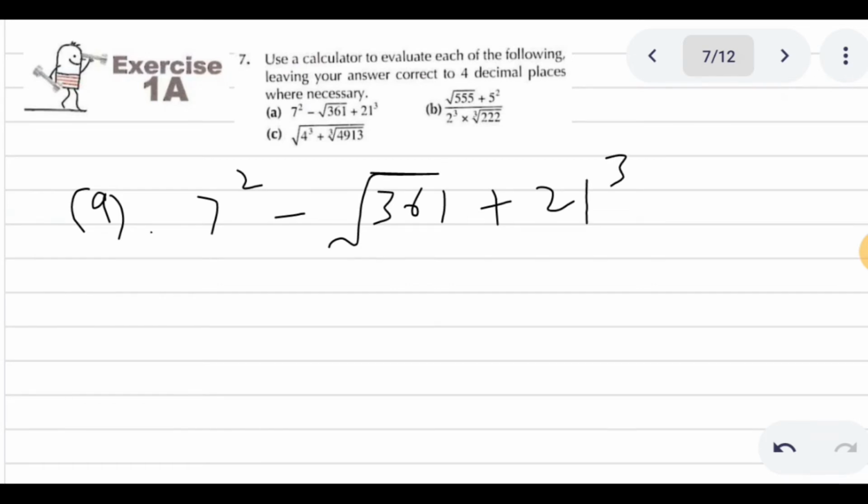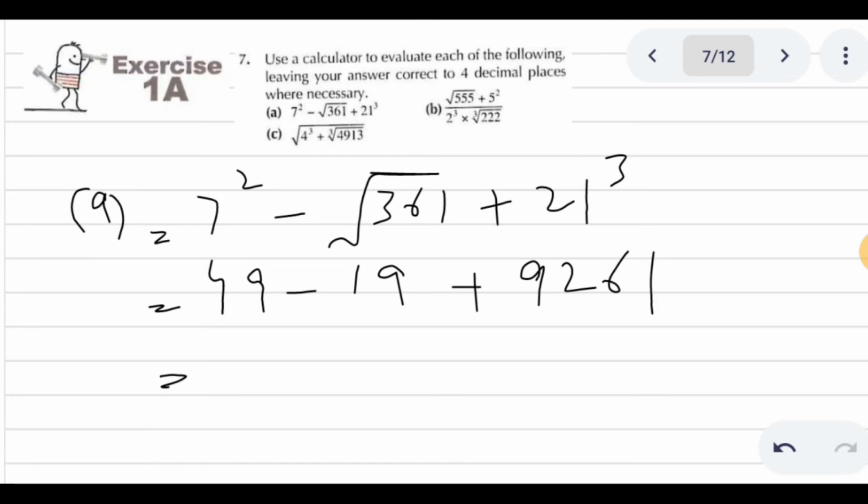So first of all, the square of 7 is 49, minus, now we will find out the under root of 361, that is 19, and now we will find the cube of 21. So 21 into 21 into 21, its answer will be 9261.